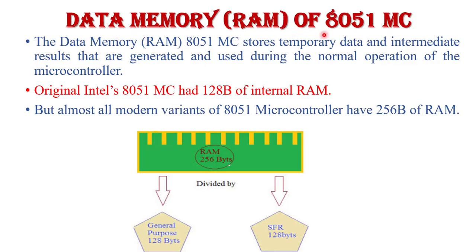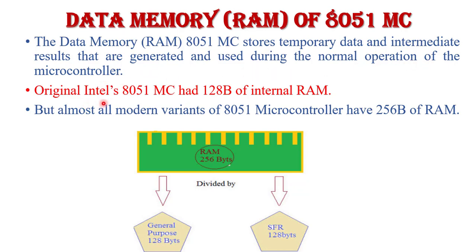Now next is data memory of 8051 microcontroller. As I have already told, for data memory, here we use RAM. RAM is random access memory. This memory is basically used to store data temporarily or intermediate results that are generated and used during the normal operation of the microcontroller.